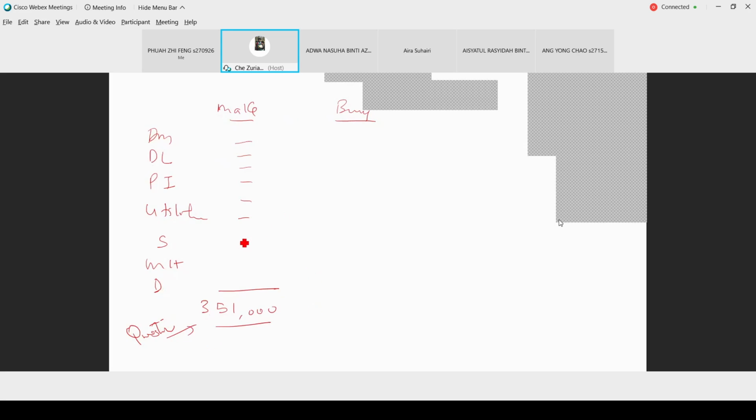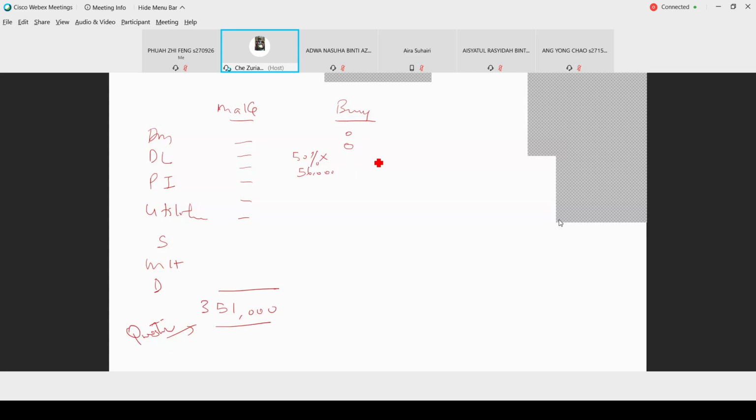And then if you buy, direct material, direct labor, tak ada. And then product inspection. Tadi dia bagi tahu for product inspection, the cost can be saved about 50%. So 50% times cost inspection is 56.